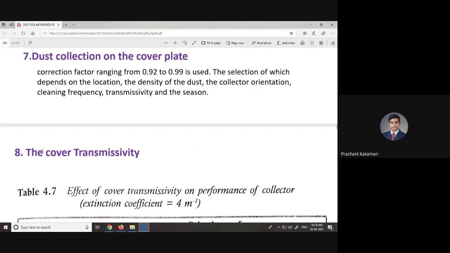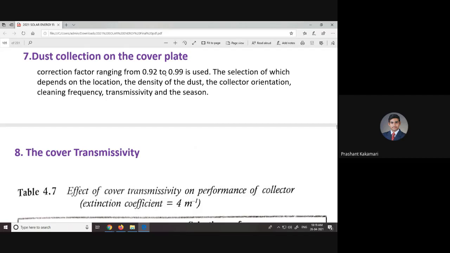Or else you can keep the absorber plate anywhere, using a correction factor of around 0.92 or 0.99, that is 1% of losses due to dust only. Using these correction factors for dust, we can calculate the performance of the collector.